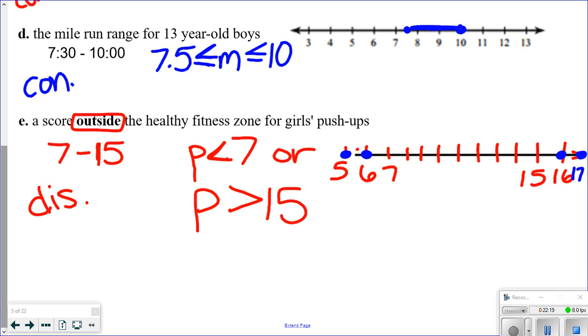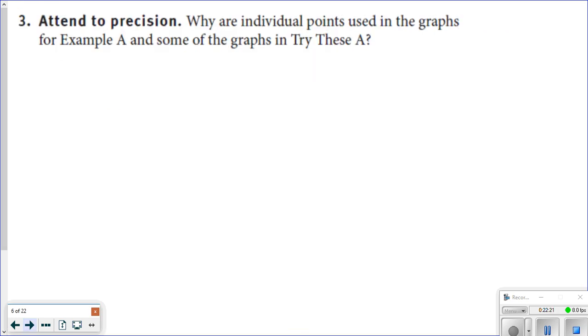So, question 3. Why are individual points used in the graph? For example, A. You can go ahead and write this down.